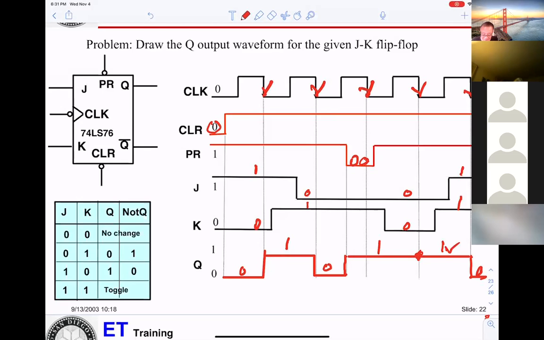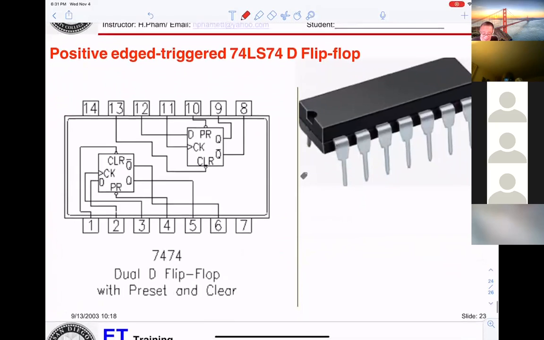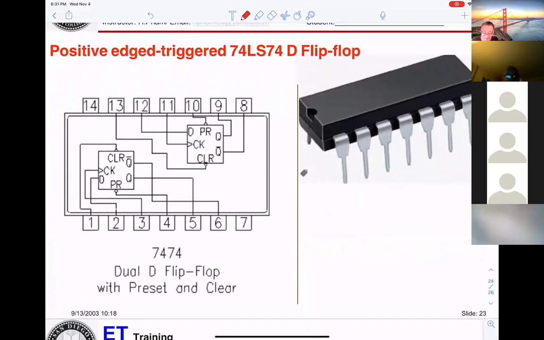Okay, any question on this? No. This is telling you the IC for the 74 D flip-flop. Inside, how many flip-flops? 2. Okay.